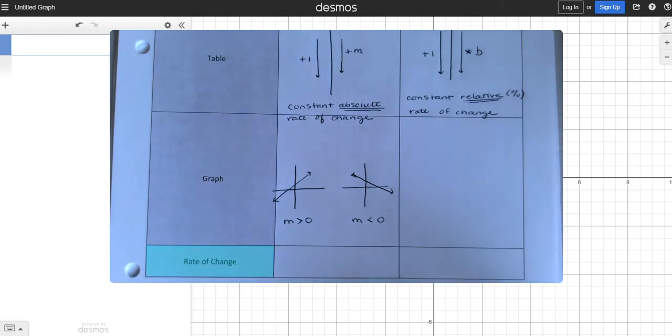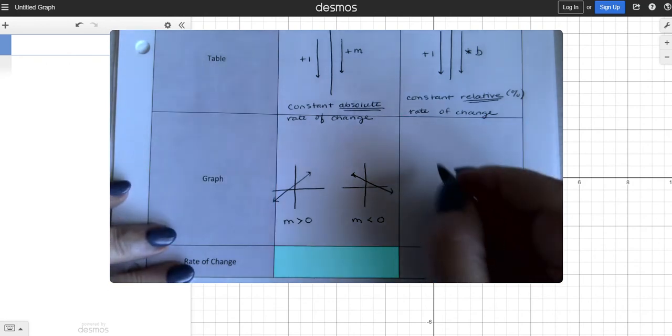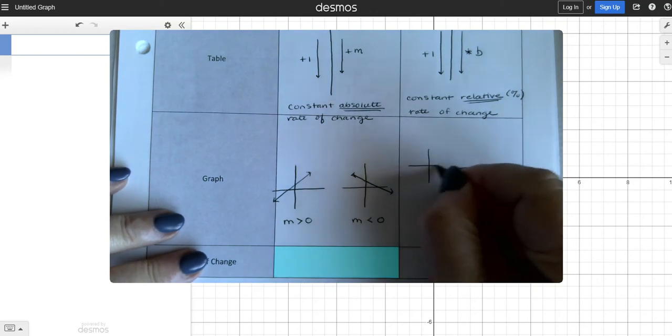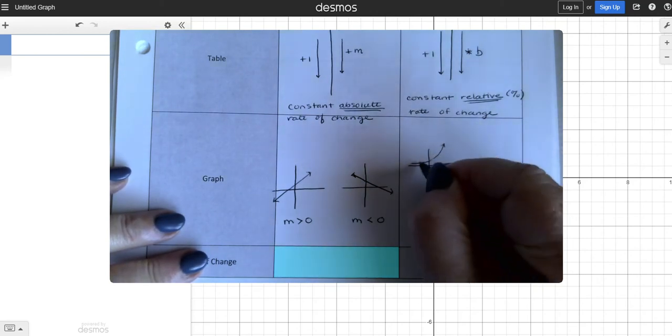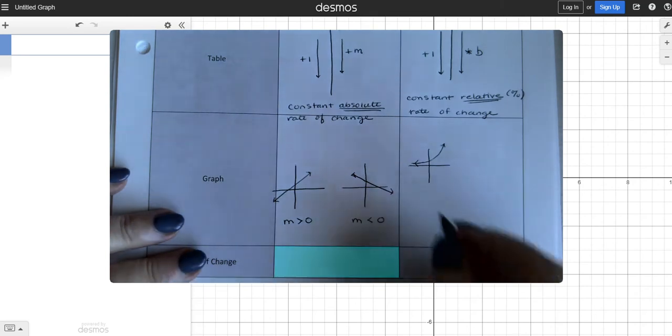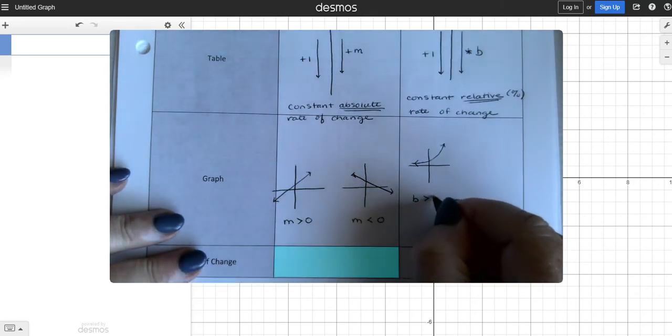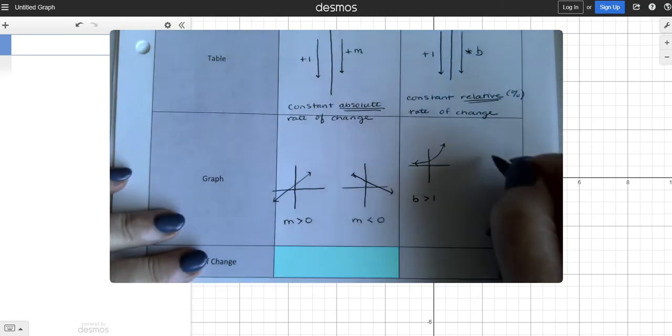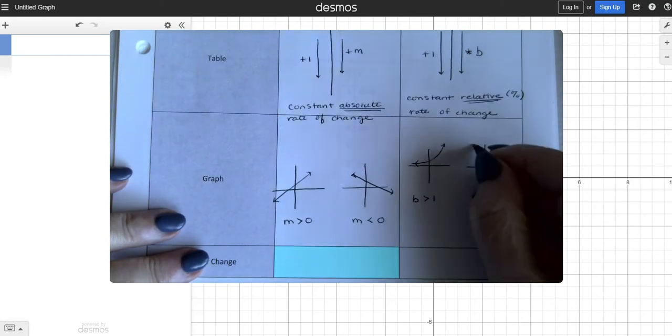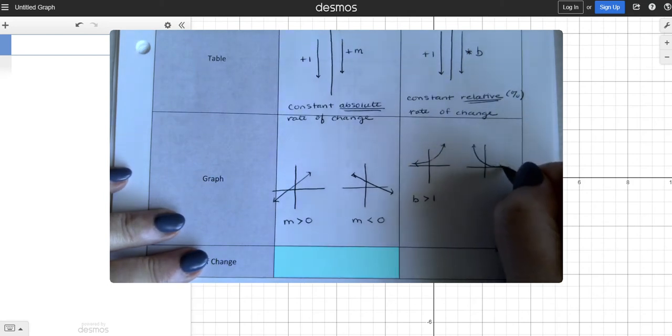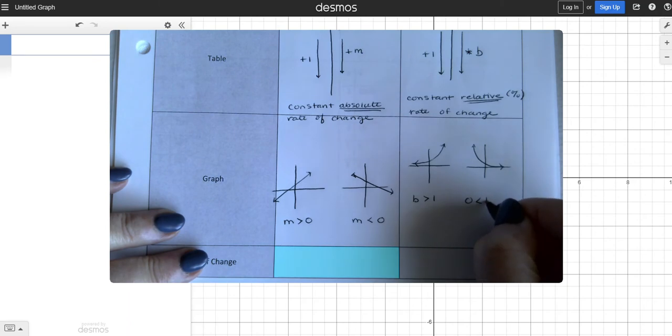With exponential functions, we get our increasing and decreasing based on exponential growth versus exponential decay. So we get our exponential growth when our base is larger than 1, and we get our exponential decay when the base is smaller than 1.